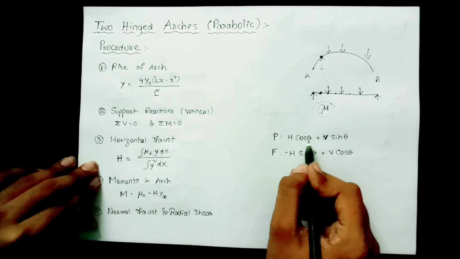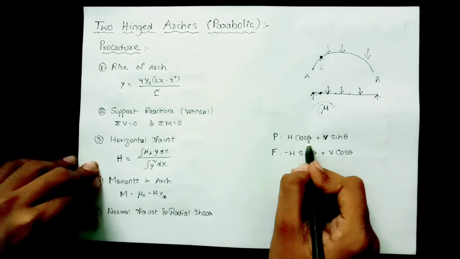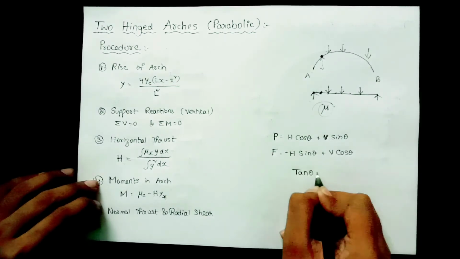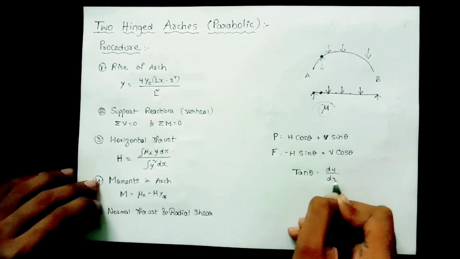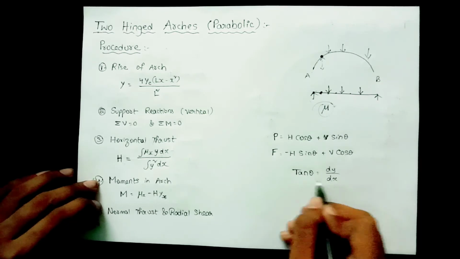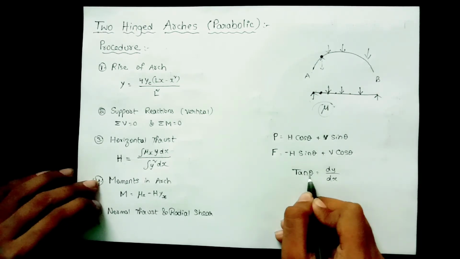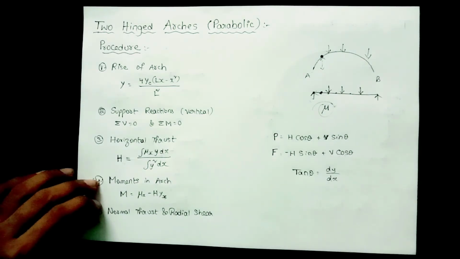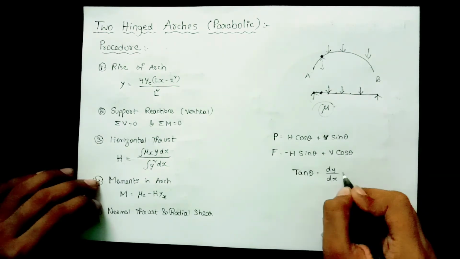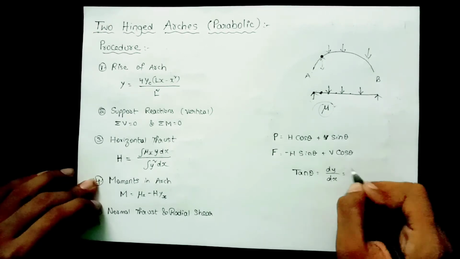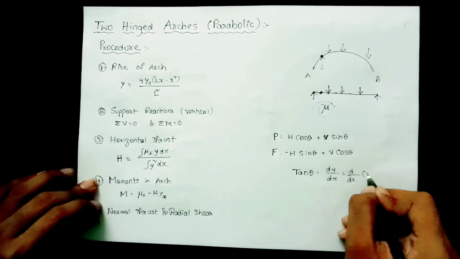We have another relation for calculation of theta: tan theta equal to dy by dx. By using this relation we can find out the value of theta, and if we know the value of theta, we can calculate cos theta and sin theta. This relation indicates dy by dx, that means d by dx of y.